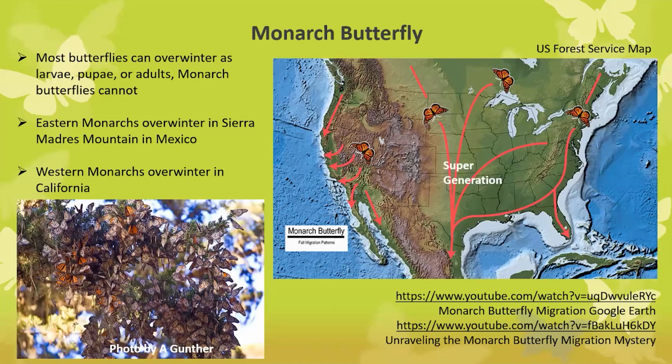At the end of summer, the eastern monarchs would migrate south for overwintering in the mountains of Mexico, and the Western monarchs would migrate to the Pacific coast.